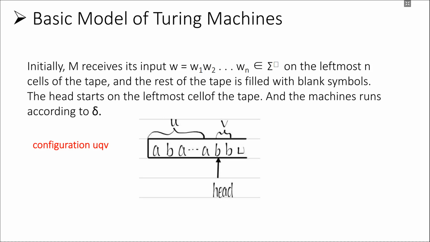For convenience, we use a configuration to describe the situation of the machine. A configuration U Q V means the tape content is UV followed by infinitely many blank symbols. The machine is at state Q, and the tape head points to the first symbol of V.